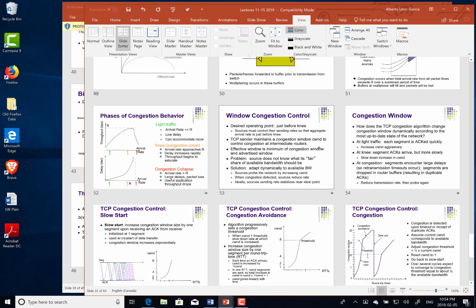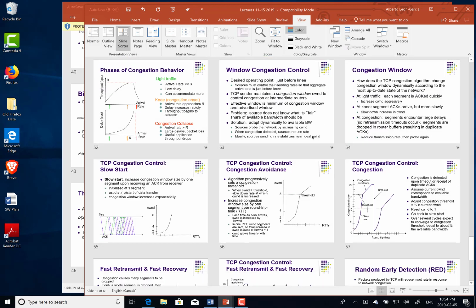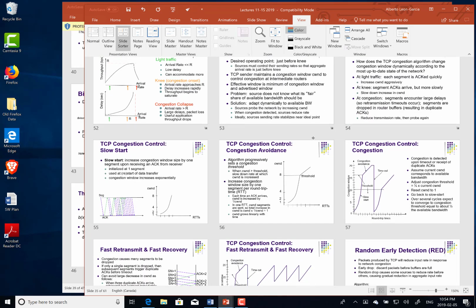Congestion window here, CWND. Okay, and so what we did, we explained how TCP starts by transmitting one frame. If it comes back fast, then it doubles the congestion window that says, oh, I can send 2. If they come back, then it doubles it again to 4. So it's going up exponentially here.